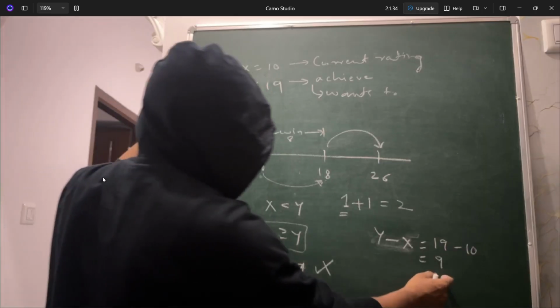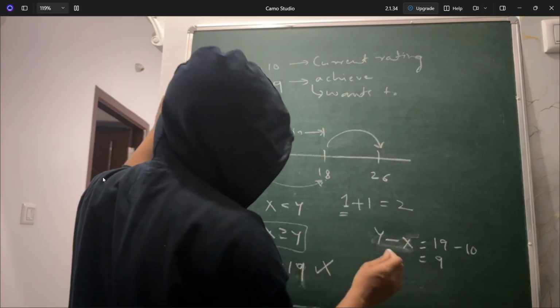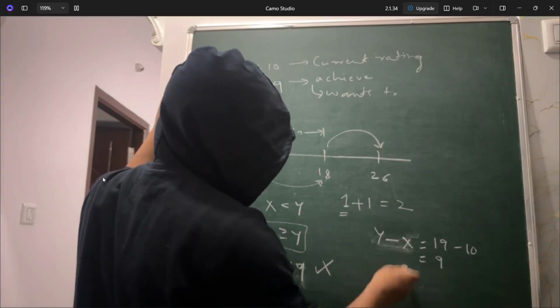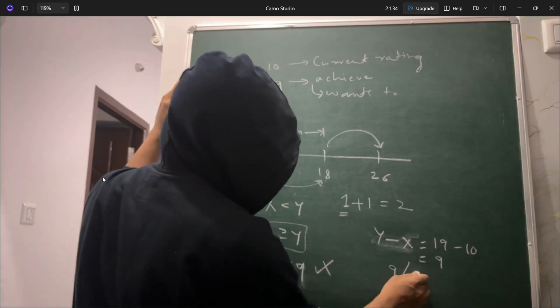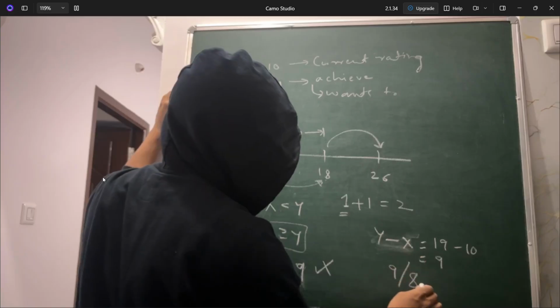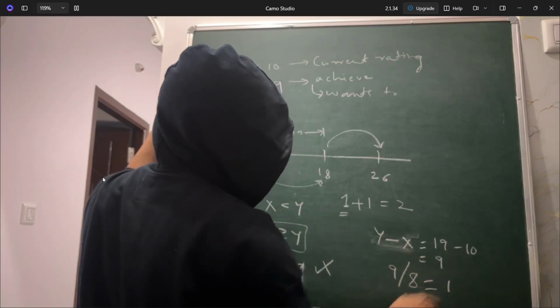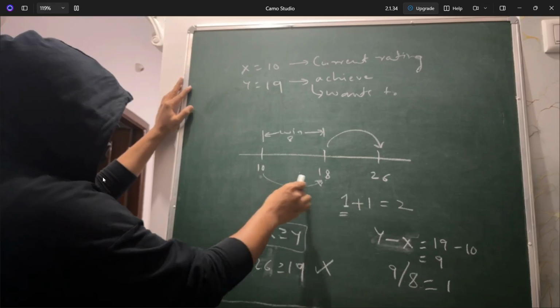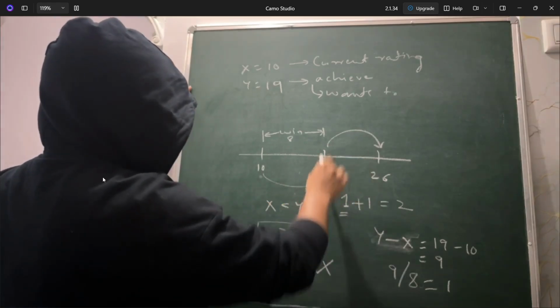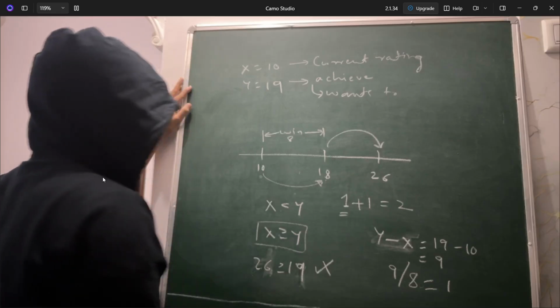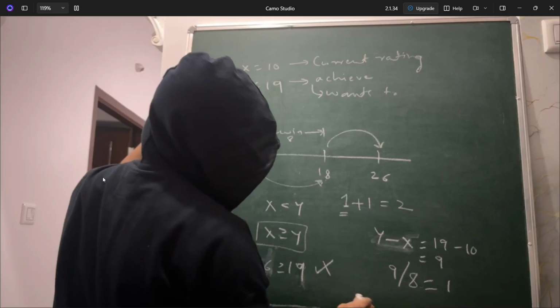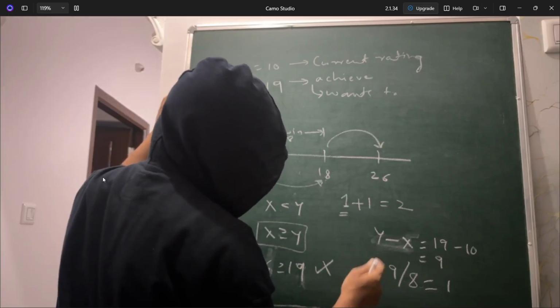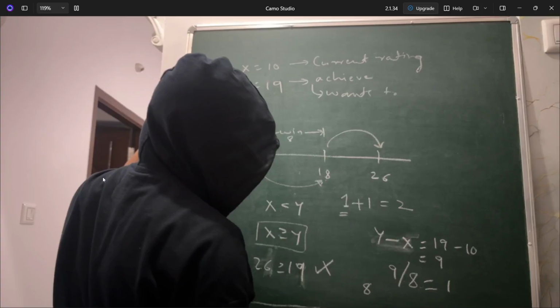So how do we achieve this? 9 is the rating, and how many games do you need to play? As we know, if you play one game, you will get 8 points. So if you divide y minus x by 8, this will give you 1. But clearly in this example, you need to win 2 games, but it is saying only 1. One more catch is that when she wins one match, she'll get 8 points.